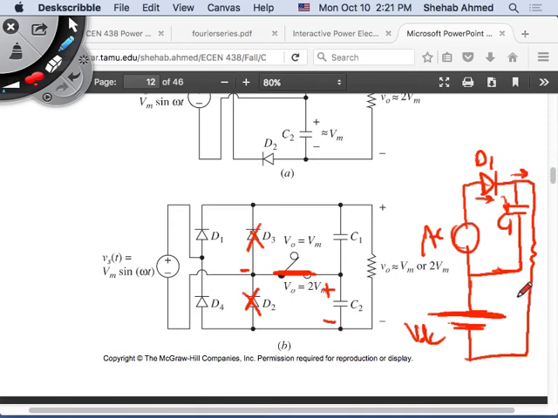What's happening in the positive half cycle? I'm charging C1, and I'm also doing what to C2? Remember, this is capacitor C2. I'm also discharging capacitor C2, because current is coming from my load, pushing current in the opposite direction of the charging for capacitor C2, right? So in the positive half cycle, I'm charging C1 and discharging C2. In the negative half cycle, I'm charging C2 and discharging C1.